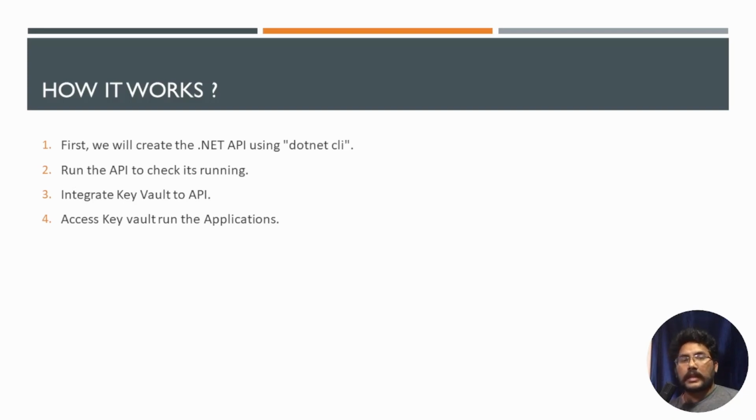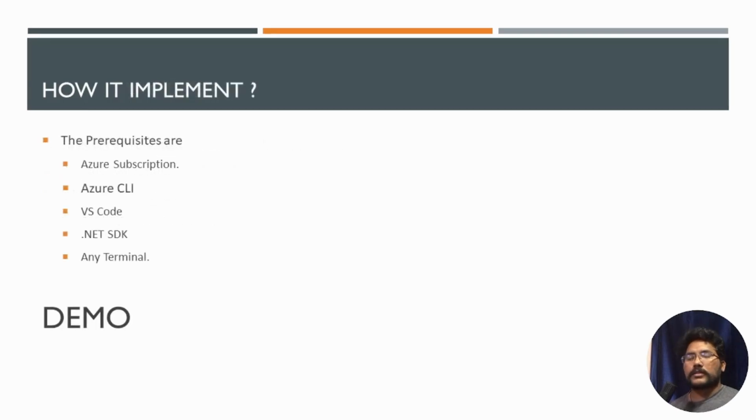Next, we will integrate our key vault with some imports and configurations in the program.cs file, and we will create an endpoint which accesses our own key vault information and sends back an HTTP response. That's all.